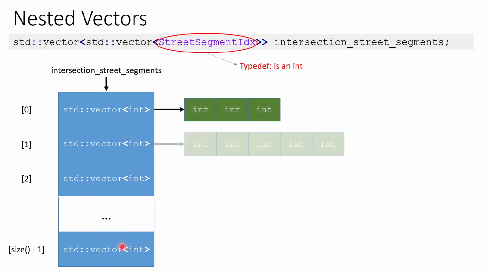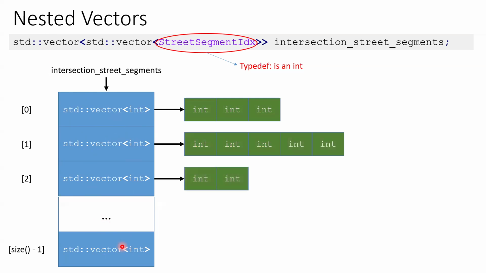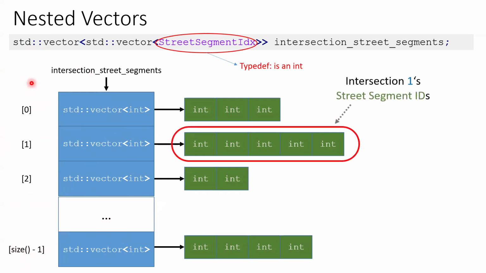Each vector of integers contains street segment IDs, and the indices are the intersection IDs. So if we want to access intersection 1's street segment IDs, we just need to do intersection_street_segments square bracket 1, and that's a vector.